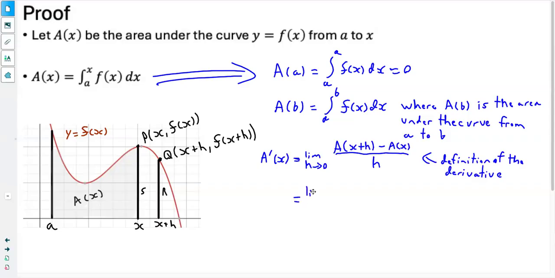Now this we can then say is our limit as h goes to 0 of essentially our change in area, because this would be our area going from here to here minus our area from here to here. We can say change in area over h.